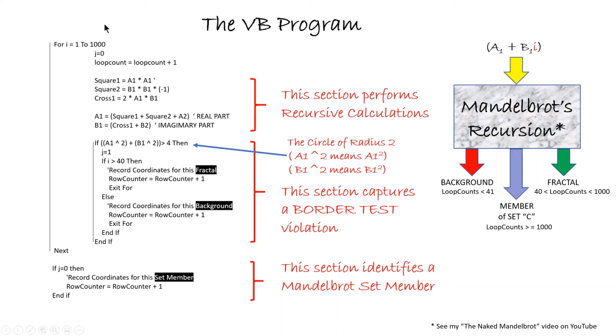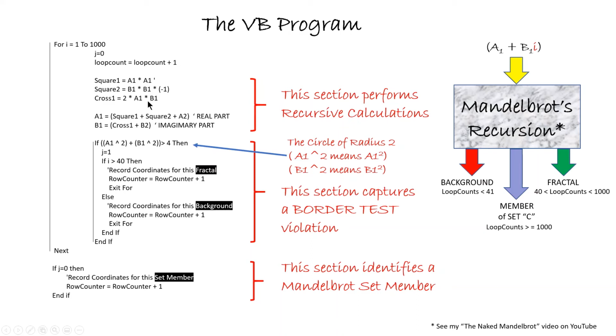All right, so let's back up. Here we go. First thing we do is we are given an A1 and a B1 and an A2 and a B2. First thing it does is some initialization, and it does the arithmetic. It squares A1, it squares B1, multiplies it times -1, just like what we did.